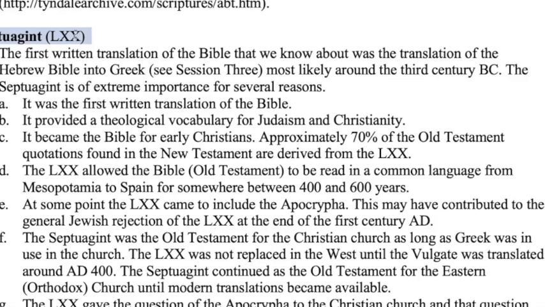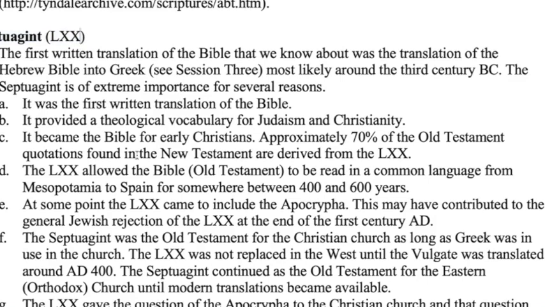And so the word Septuagint means 70, and it is abbreviated with the Roman numerals LXX, which means 50 plus 10 plus 10, so that's 70. Sometimes you might see this abbreviated in writing. It just means the Septuagint.